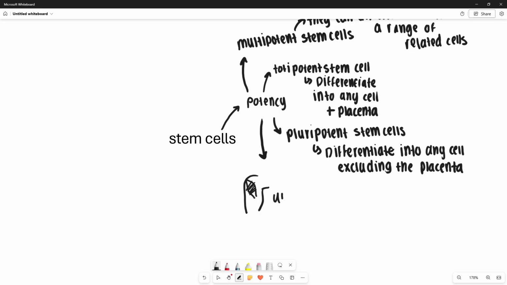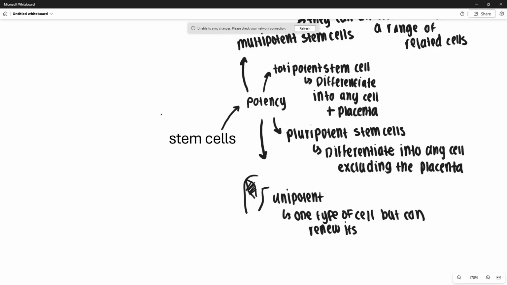So unipotent: one type of cell, but can renew itself. That's going over all the potencies that you'll see in stem cells.